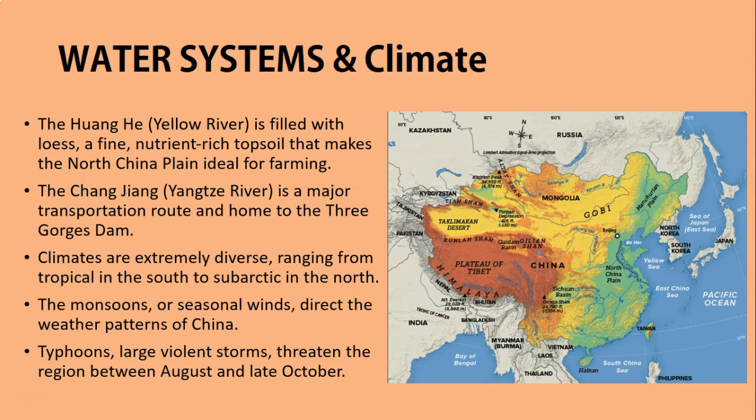I guess the best way to think about them is hurricanes. Here in the United States, we have a hurricane season that is the direct result of seasonal winds. And China, I don't want to say has the same issue, but China interacts with their climate and their surroundings similar to the way we do when talking about hurricanes and typhoons.